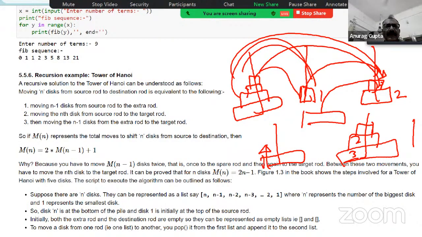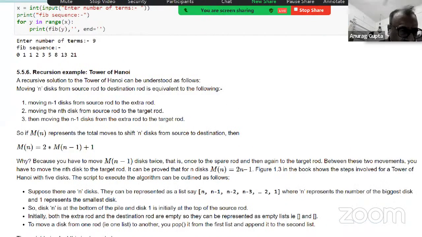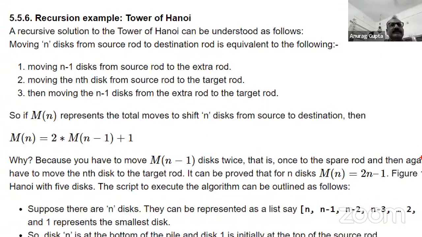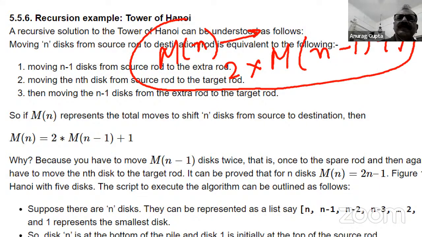Again, if Mn represents the number of moves, then it can be written as 2 into Mn minus 1 plus 1. Let me explain this equation to you.